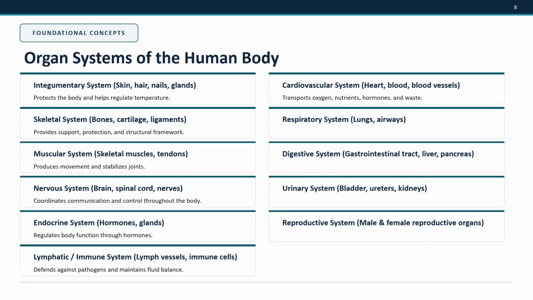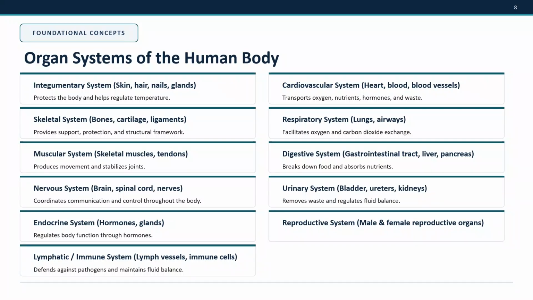Respiratory system made of the lungs and the airways. This is going to facilitate oxygen and carbon dioxide exchange, again through simple diffusion. The digestive system made of your gastrointestinal tract from mouth to anus, including some of the accessory organs like the liver and the pancreas. This is going to break down food, help you to absorb nutrients.